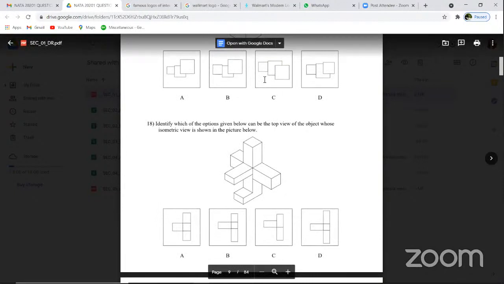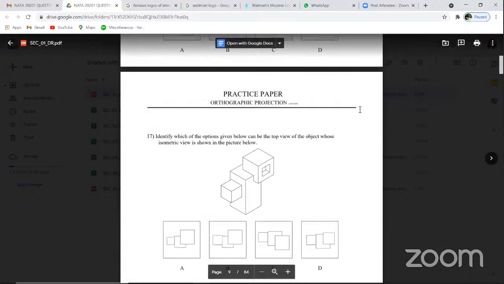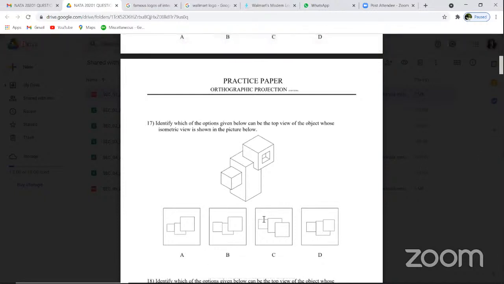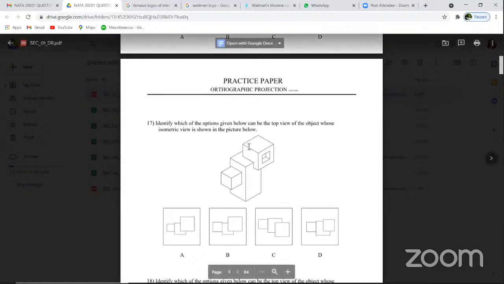Ma'am, can you explain option C once again? Sorry, someone asked for the same question, the 17th one. So if you see this diagram, okay, the cube which is there above, you know that it is above because it is the one which is dominating.